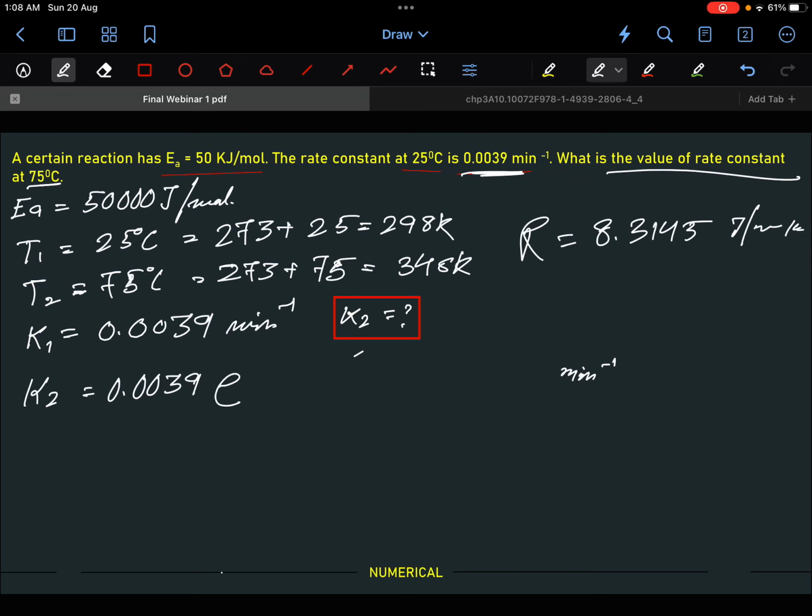we have to write the big formula now: 50,000 divided by 8.3145. If you consider the units, that is joule per mole per Kelvin in the denominator, and joule per mole in the numerator, so it is only Kelvin. And then 1 by T1 minus 1 by T2, right?